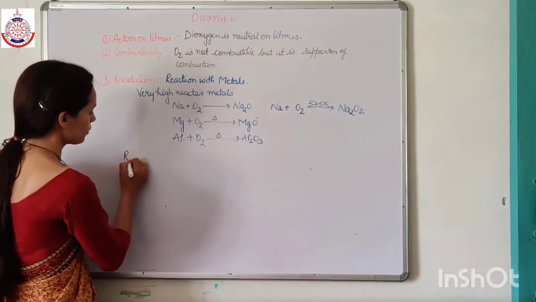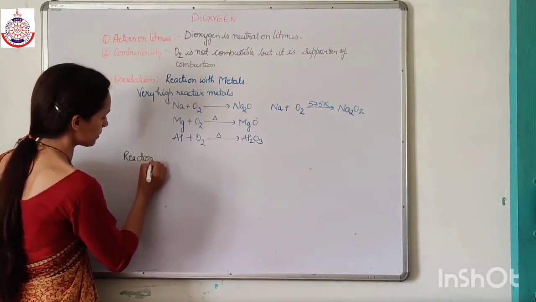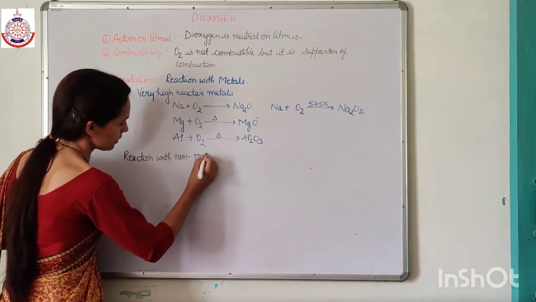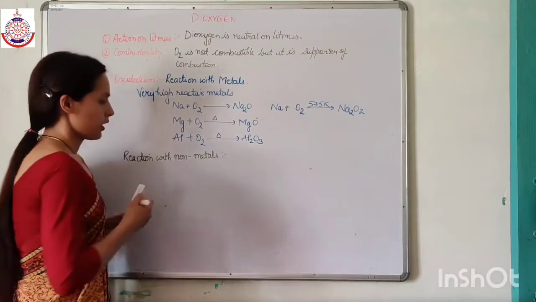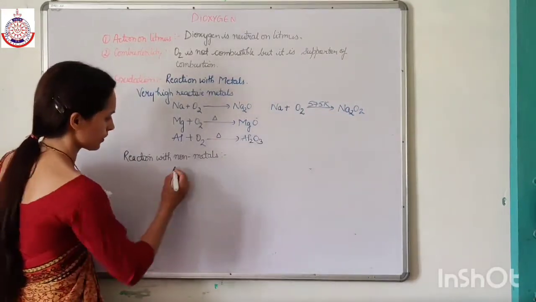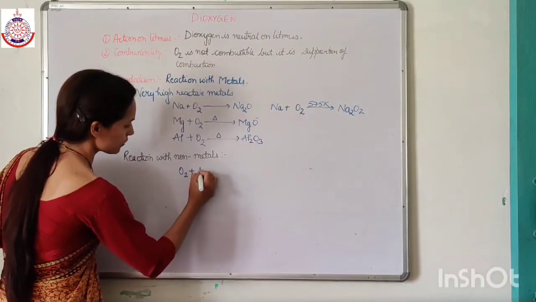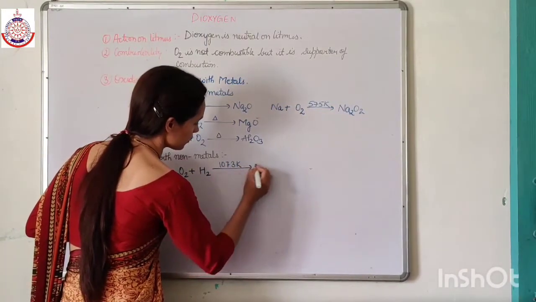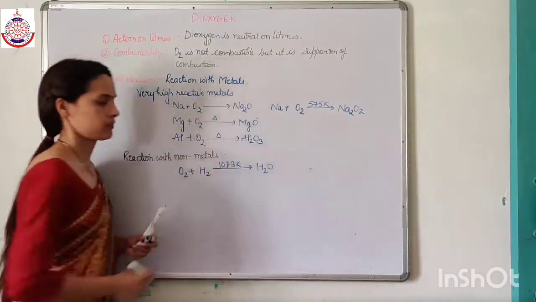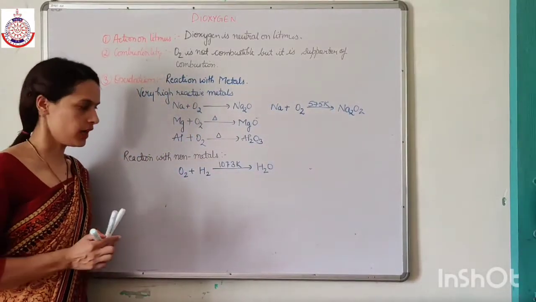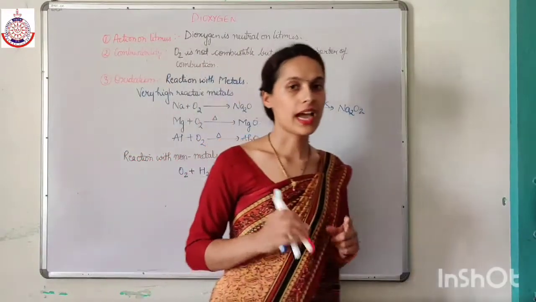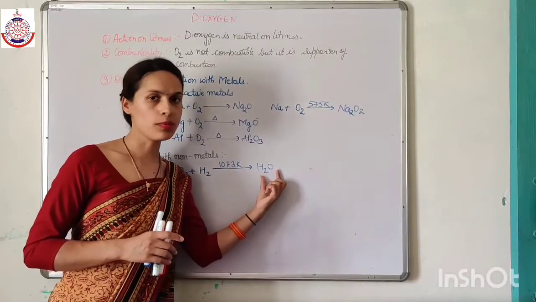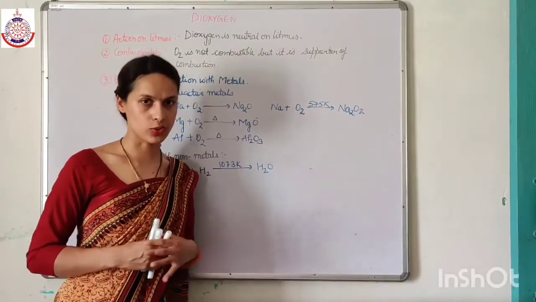Similarly, if I talk about reaction with non-metals, dioxygen reacts with dihydrogen at 1073 Kelvin to form H2O.